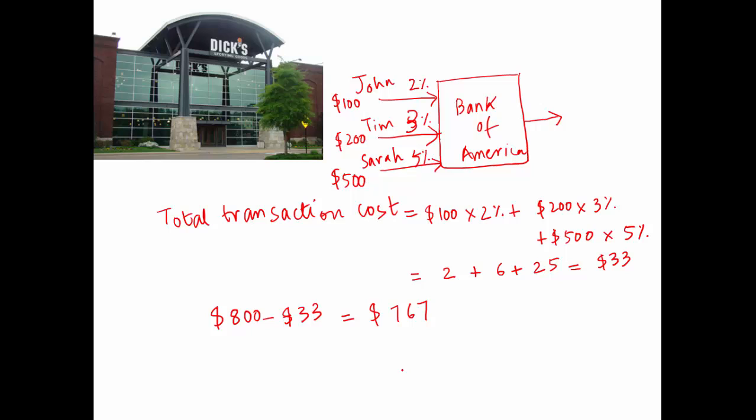So now, the next question I might ask you is, what is the overall efficiency of this process, going from your sales to the net amount credited to your account?